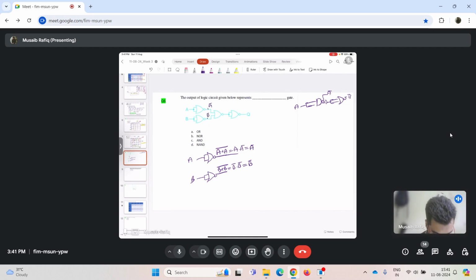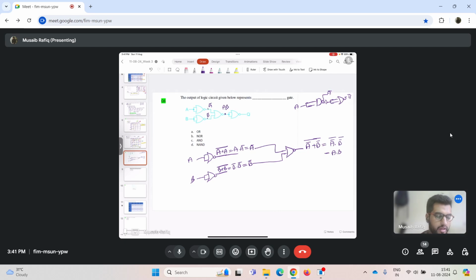Then these inputs are again fed to a two input NOR gate. So this will be A complement plus B complement whole complement, right? And using De Morgan's law, it will be A bar dot B bar bar, so it will be AB, right? So up to this point, my output is AB.